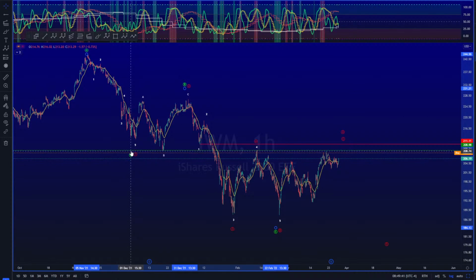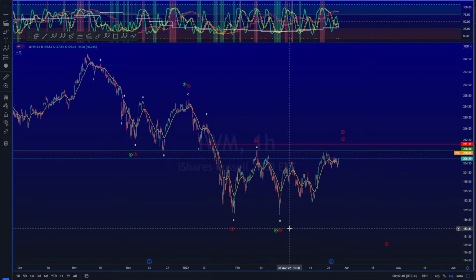We've got a bullish alternative here that an A, B, C correction is complete, and then we move up and out from here. Okay, so if we do have something like this, what we're looking for is, at least, we've got a nice 1, 2, 3, 4, 5 waves up, A, B, C down. So this would be either an A, B for the bearish alternative or a 1, 2 for the bullish alternative.